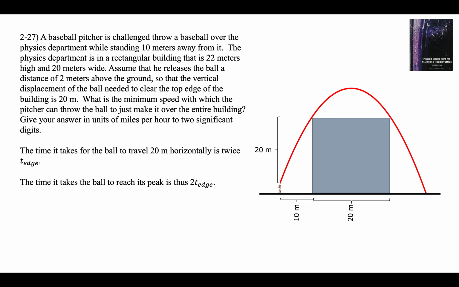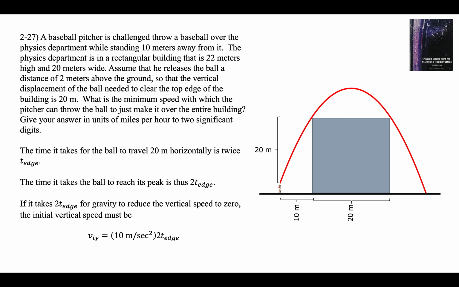Now we know gravity takes away 10 meters per second every second. So we can write an expression between the time the ball is in the air and the acceleration due to gravity and the initial speed. Initial speed in the y direction is 10 meters per second every second times the time, 2 t sub edge. V final sub y is 0.